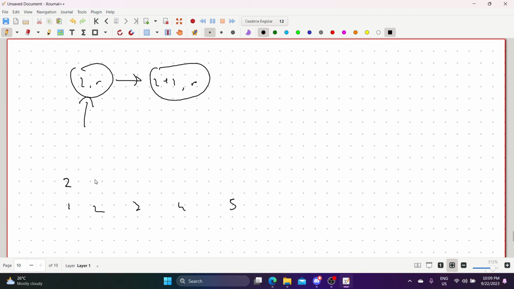Let's say 1 occurred 2 times, 2 occurred 3 times, 3 occurred 0 times, 4 occurred 1 time, 5 occurred 3 times. When you want to shrink the range, you need to remember how much contribution AL made.